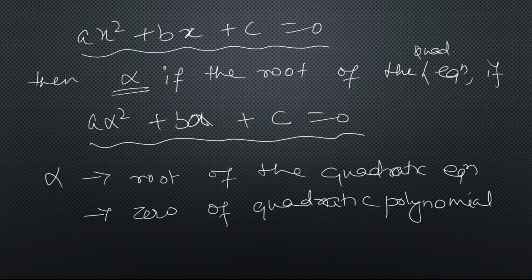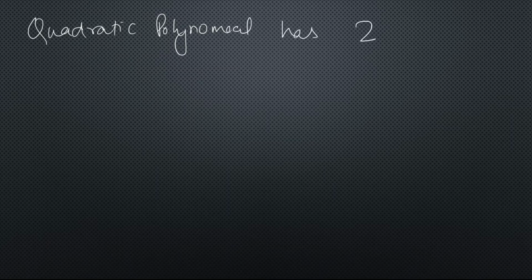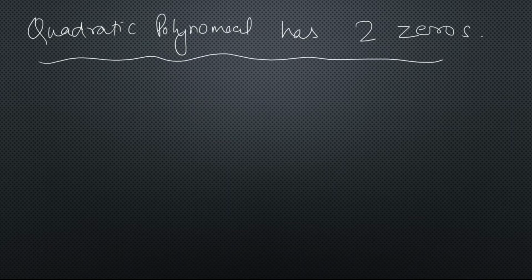So now, you must have read, or if not read, then a quadratic polynomial has two zeros, okay. If you have not read, I will teach it in the chapter on polynomials, okay.